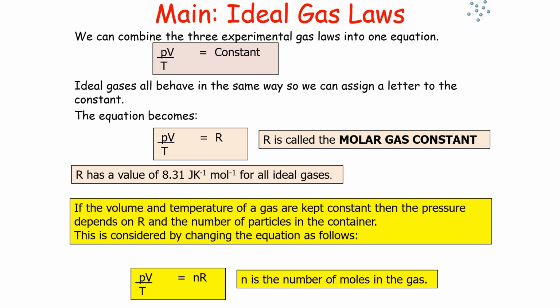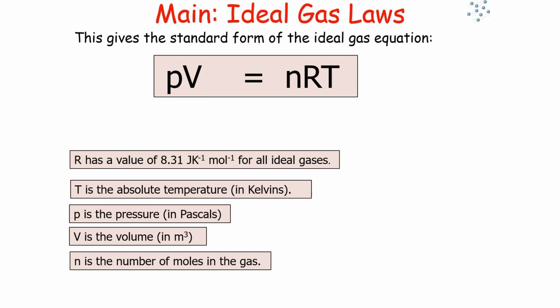Now we can rearrange this to give the standard form of the ideal gas equation, which is PV is equal to nRT, where R is the molar gas constant and is 8.31 joules per Kelvin per mole for all ideal gases. T is the absolute temperature of the gas in kelvins, P is the pressure of the gas in pascals, V is the volume of the gas in meters cubed, and n is the number of moles in a gas.